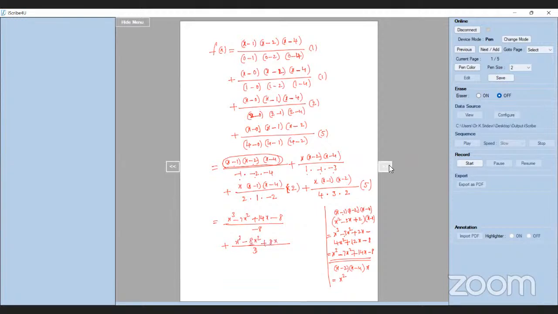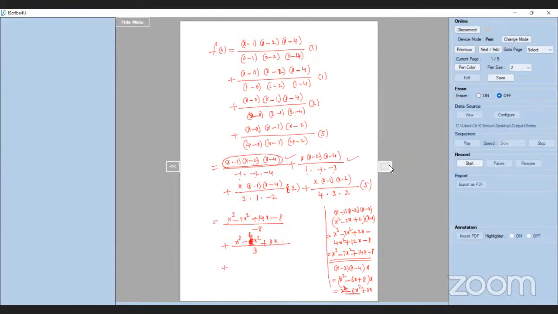I think I have doubt here, ma. x squared minus 2x minus 4x minus 6x plus 4, 2 into 4 is 8, into x. x squared minus 6x cube minus 6x squared plus 8x. Is it right, ma? Minus 6, ma. Sorry. x cube minus 6x squared plus 8x by 3. Another term.